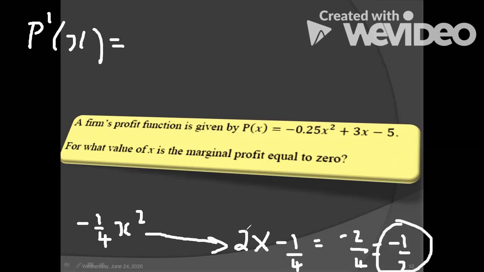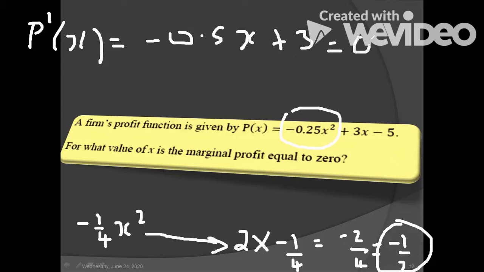And you know, we subtract 1 from the power there. So when we differentiate all of this, we get negative 0.5x plus 3. Now it says marginal profit, when this is equal to 0. So we're going to solve for x.